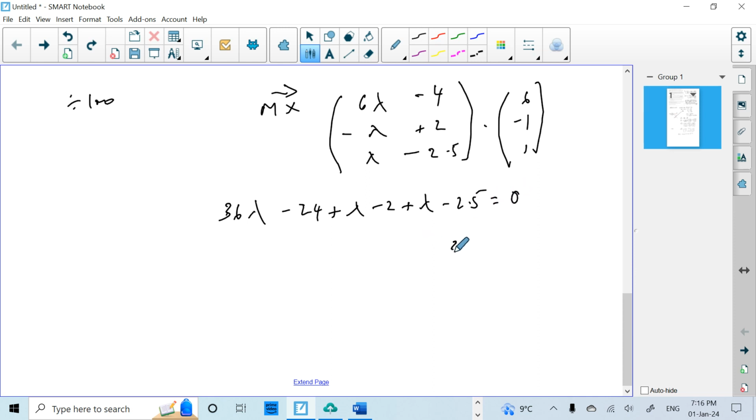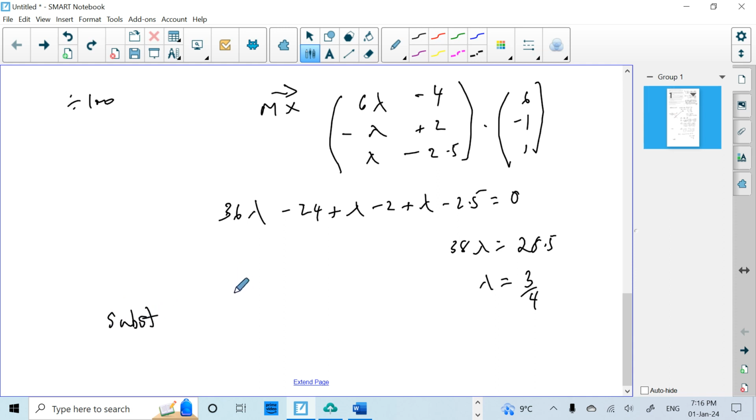And I get 38 lambda is equal to 28.5, and therefore lambda is equal to 3 over 4. Wow, lengthy question.